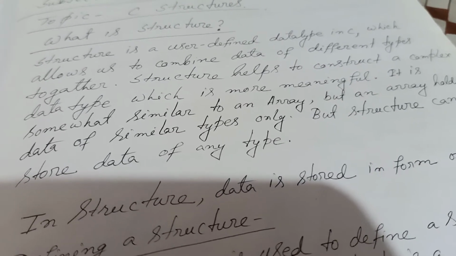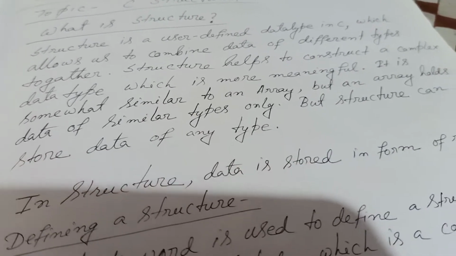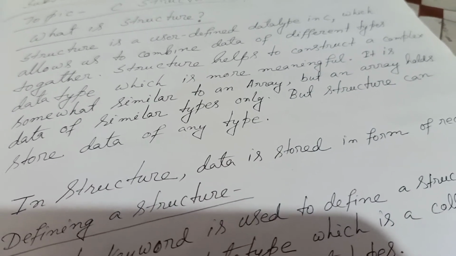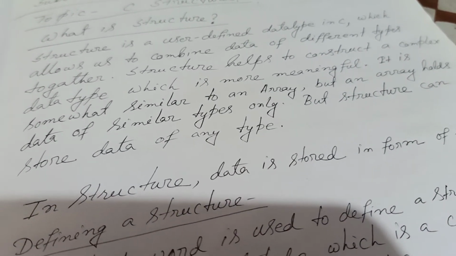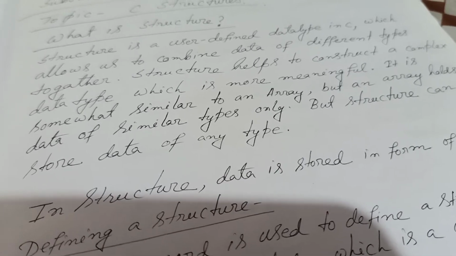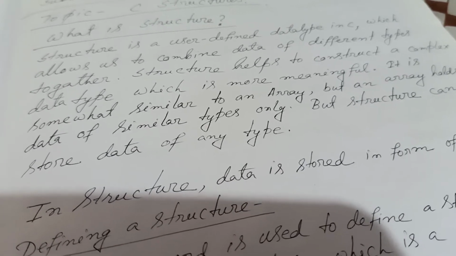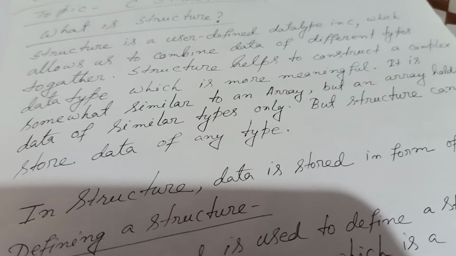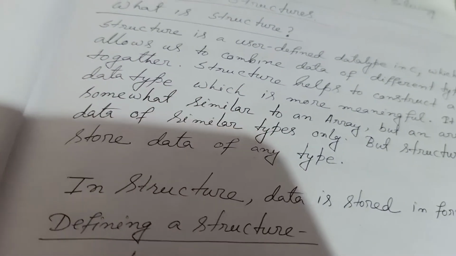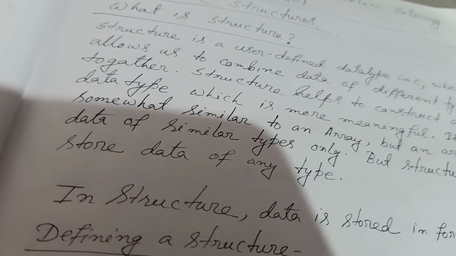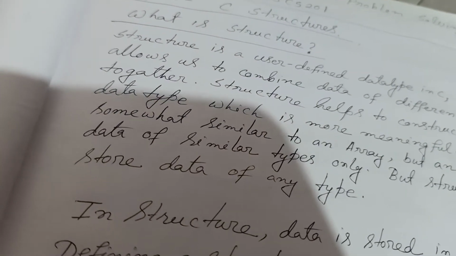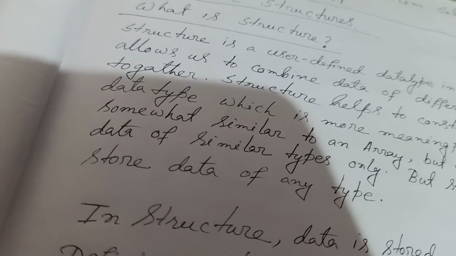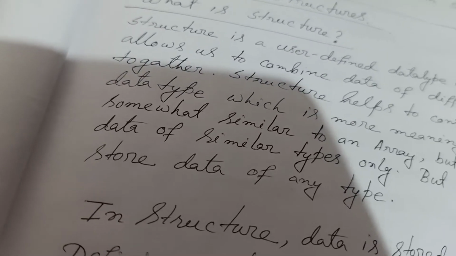It is somewhat similar to an array, but an array holds data of similar types only, but structure can store data of any type. So structure, in one word, is a combination of different data types.